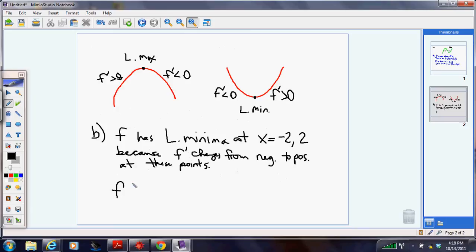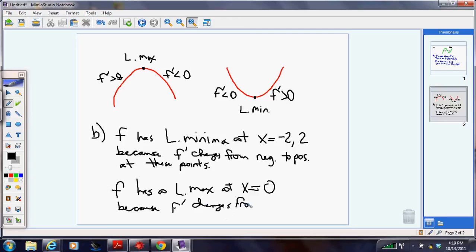So f has a local maximum at x equals 0, because f prime changes from positive to negative here.